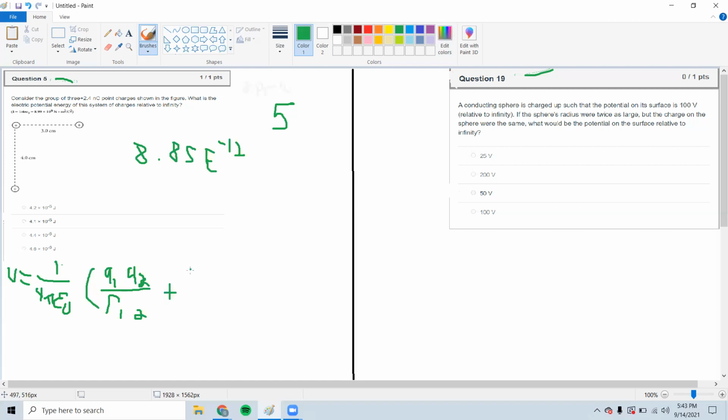And we're going to continue by doing plus Q1 times Q3 divided by R13. Then we're just going to add Q2 times Q3 over R23.